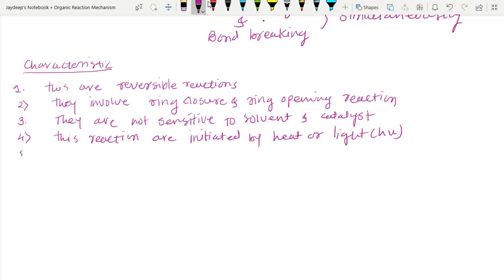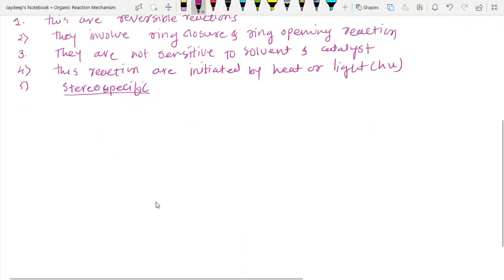Next one is these reactions are stereospecific reactions. Stereospecific means a specific isomer gives the specific product. So let us see this one by one.